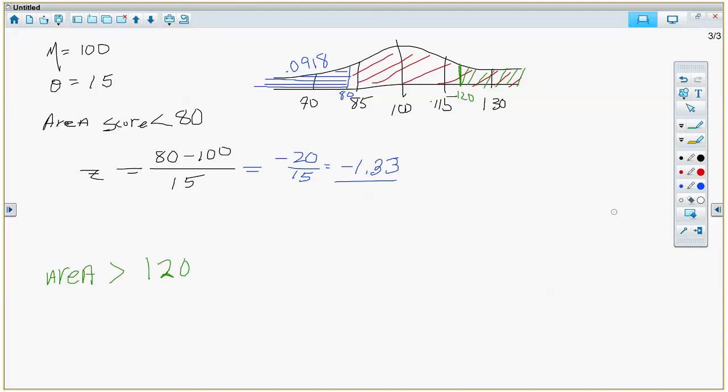So what's the first thing you got to do to get the green area? You got to change 120 into what? A z-score. So the z-score for 120 is going to be equal to 120 minus 100 over 15.